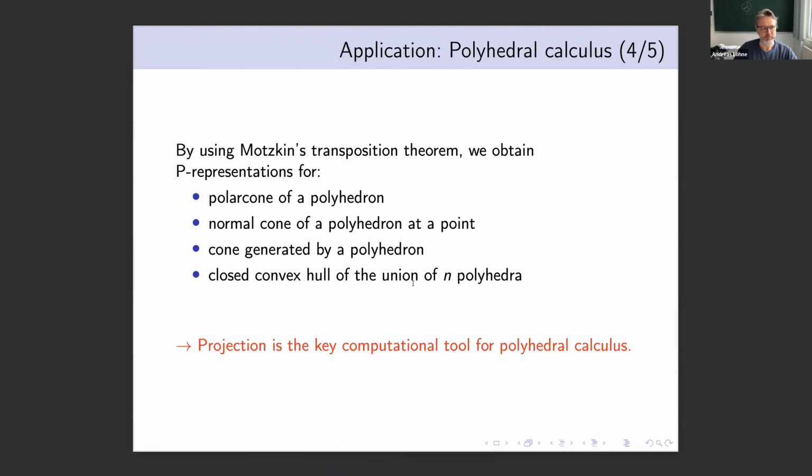I do not show the formula here, it looks complicated, but it's just a simple application of Farkas lemma. And by using this, we also obtain the polar cone of a polyhedron, the normal cone of a polyhedron at a point, the cone generated by a polyhedron, and also the closed convex hull of the union of finitely many polyhedra and other things. That means projection is the key computational tool for this polyhedral calculus.